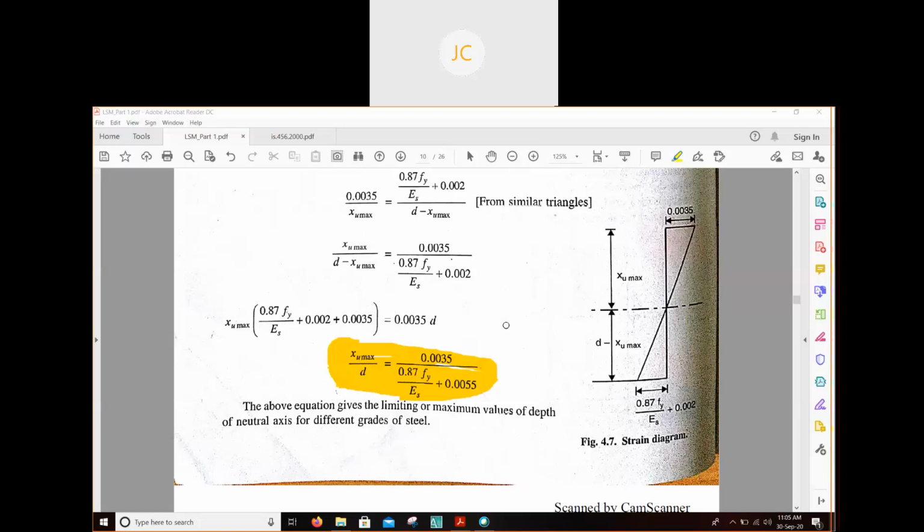So can anyone guess what do you mean by XU max, maximum value of neutral axis or limiting value of neutral axis? Anyone? Anyone have any idea what is the meaning of maximum or limiting depth of neutral axis?